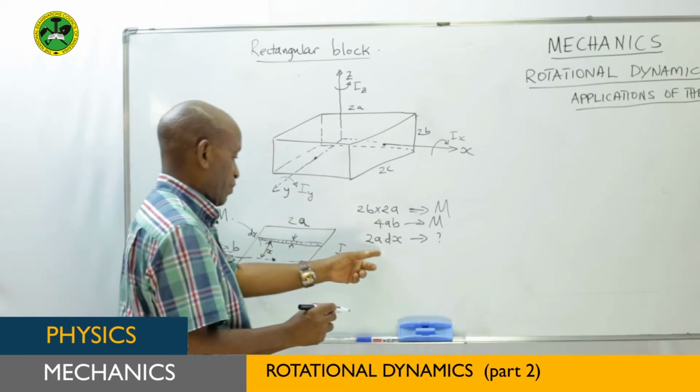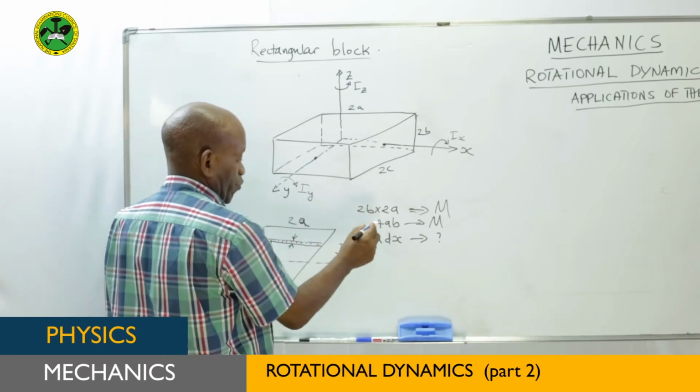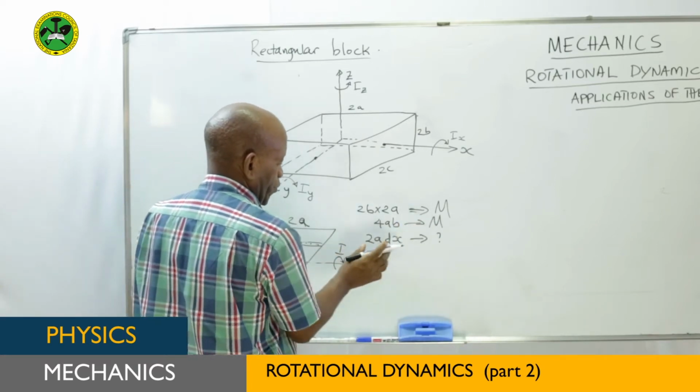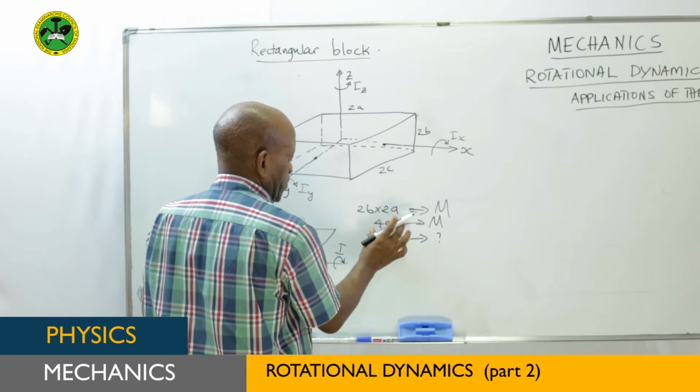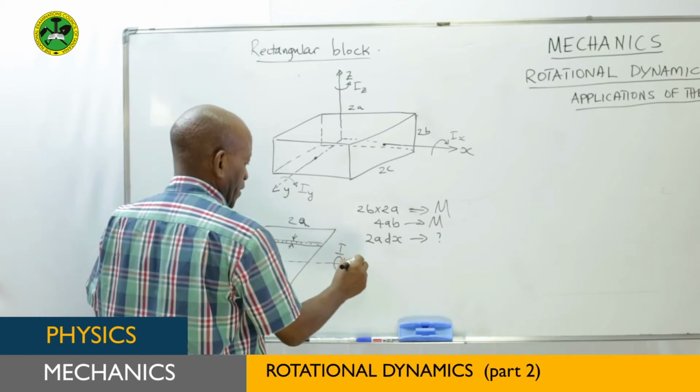So that area, 2a dx over 4ab times m, will be the mass of this small element.